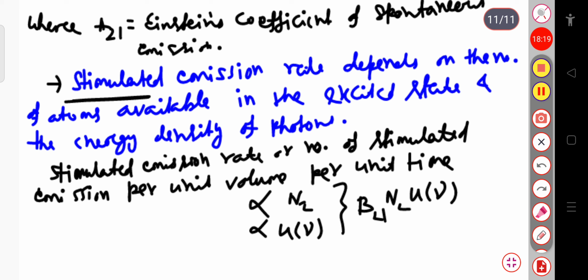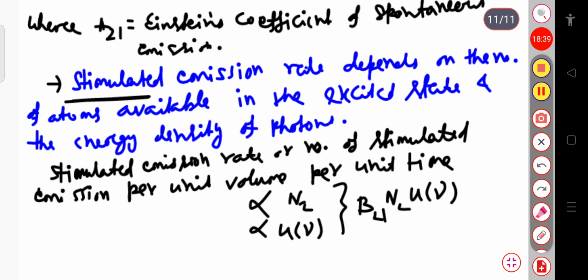For absorption, from the lowest state to the highest state, I write B12, but in emission the downward transition occurs, from the highest state to the lowest state, that will be B21.